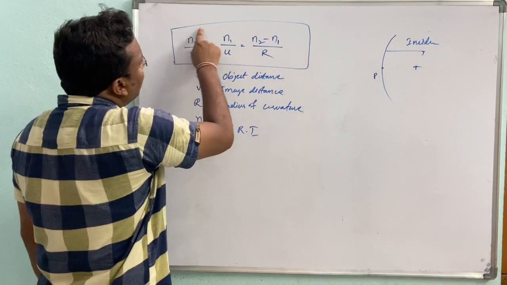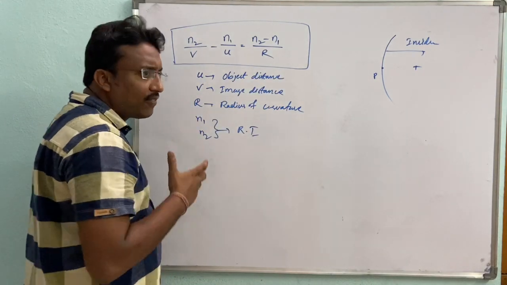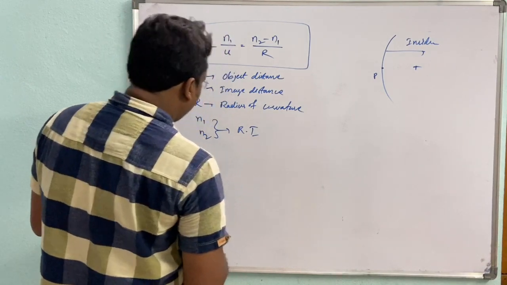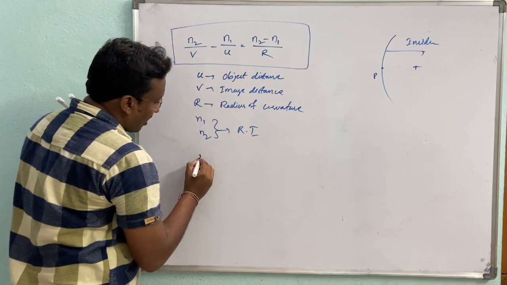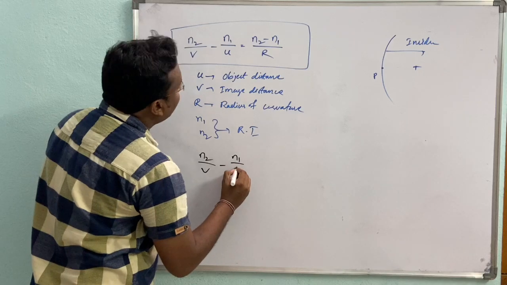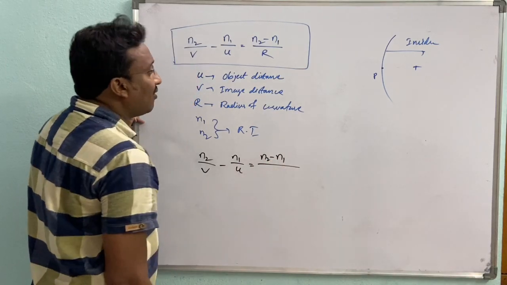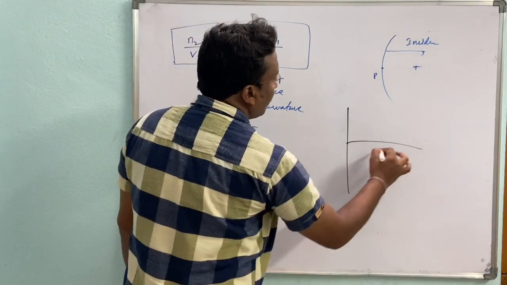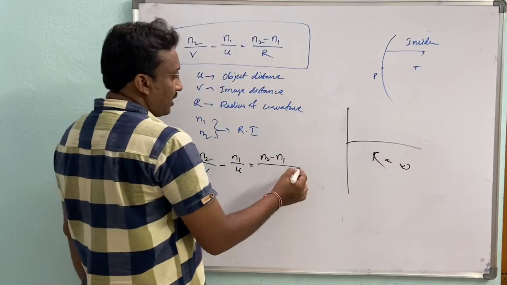Sir, is this principle used only for curved surfaces or for plane surfaces also? For plane surfaces also. Then here n2 by v minus n1 by u equals n2 minus n1 by r. We know that for plane surfaces the radius of curvature is at infinity, r equals infinity.